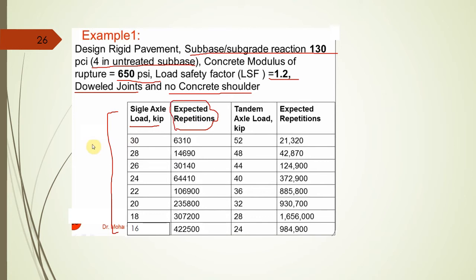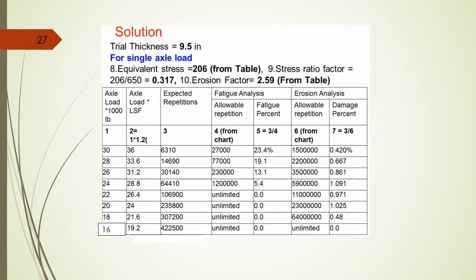We are also given the weights of tandem axle loads and their actual or expected repetitions. So now let's assume that the thickness of the concrete slab is 9.5 inches, and let's check the fatigue and erosion for this slab thickness.